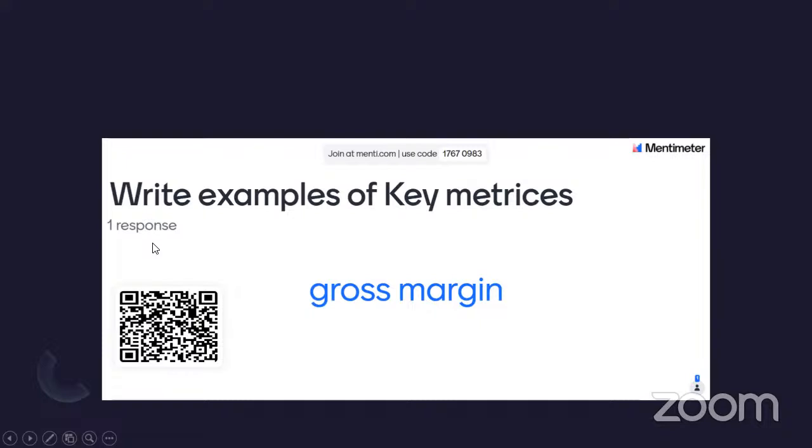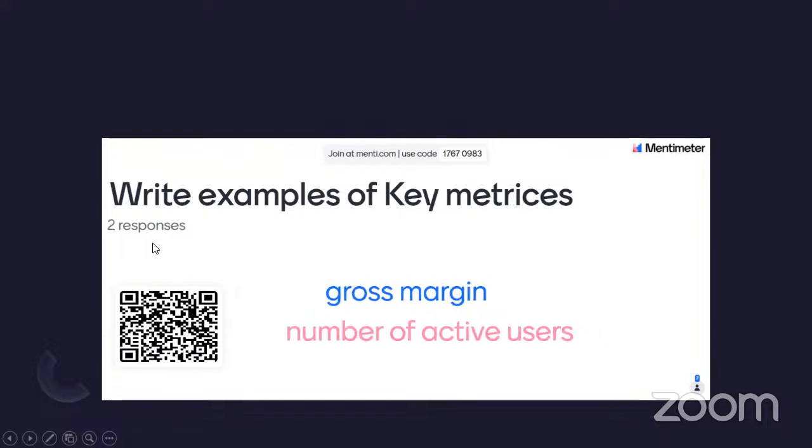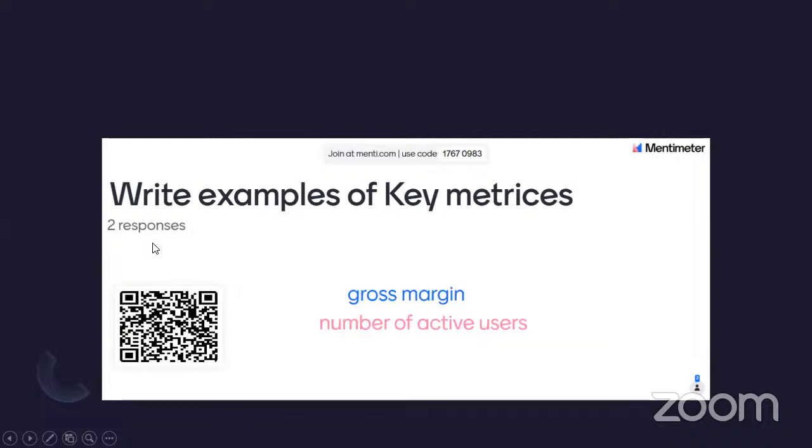Definitely, it's the gross profit margin. Yeah, definitely. This is one. Number of active users. Yeah, this is huge when you're doing a website or something in e-commerce. Number of active users is a good metric. What else? Number of subscribers, definitely.